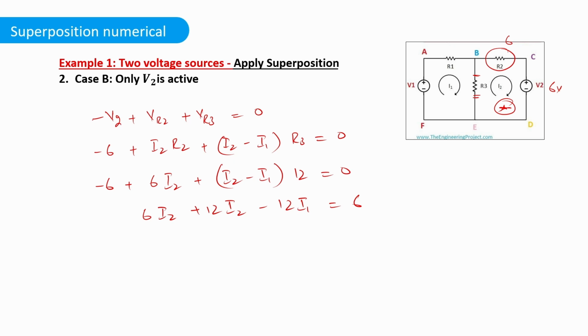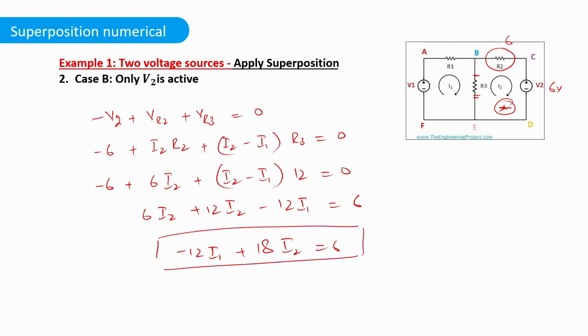Rearranging this equation, it becomes minus 12 I1 plus 18 I2 equal to 6. So once again we have two equations, two unknowns. We will simply use linear algebra, or you can use a calculator or any other programming tool to solve this equation. Let's do it using linear algebra and find the values of I1 and I2 for this second case.